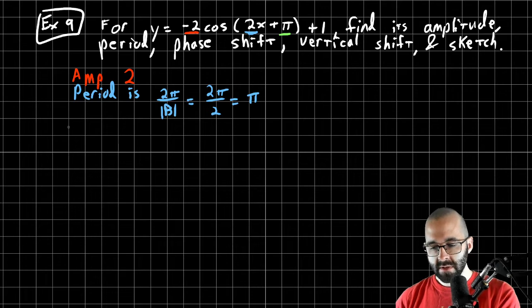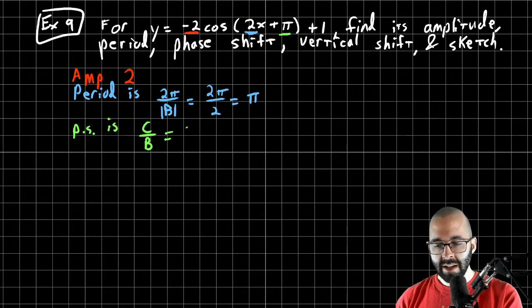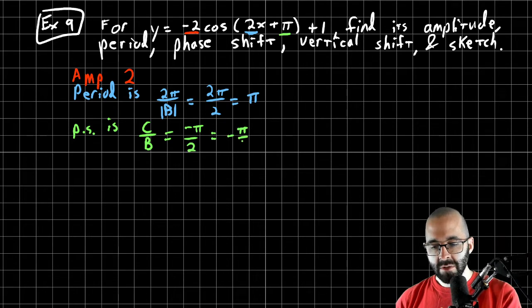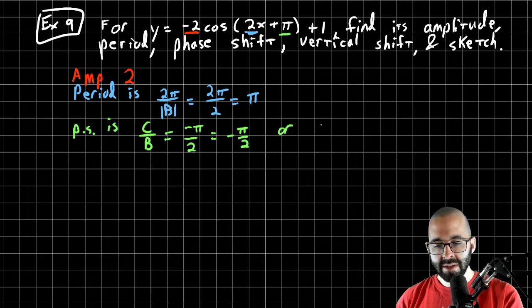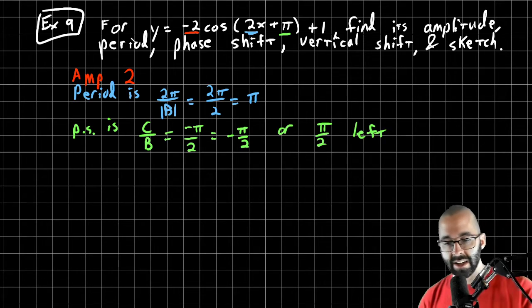Phase shift is C divided by B. But notice C here, right? C is -pi. We're adding pi. So C is -pi over B, which is 2. So our phase shift is -pi over 2. Or we can say it's pi over 2 to the left because it's negative.